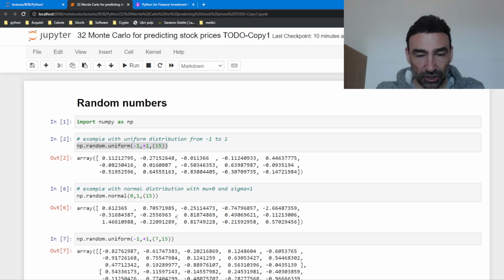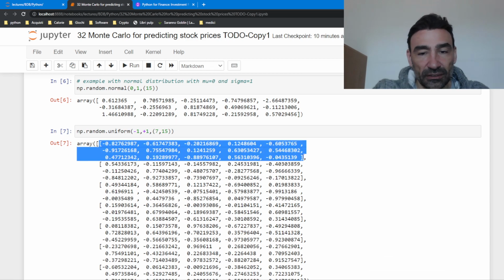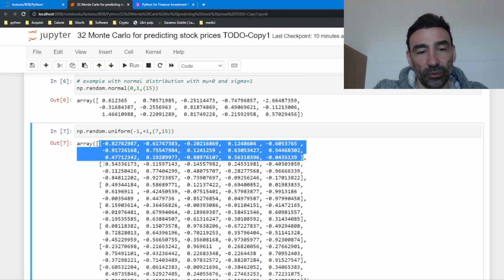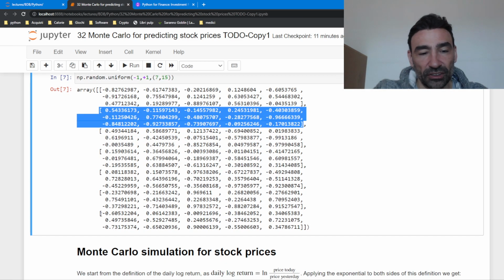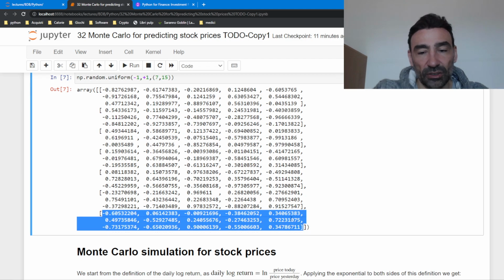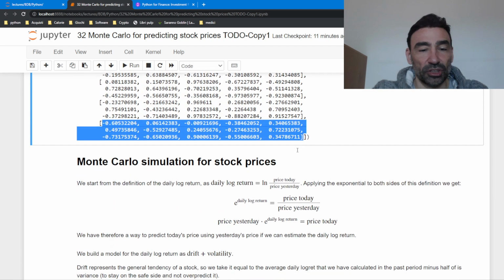It will generate, you see, a matrix. That is the first row with 15 elements, second row with 15 elements, and up to 7 rows with 15 elements. So in Python you can easily generate arrays and matrices with random numbers, which are the numbers that we will use for Monte Carlo simulation.